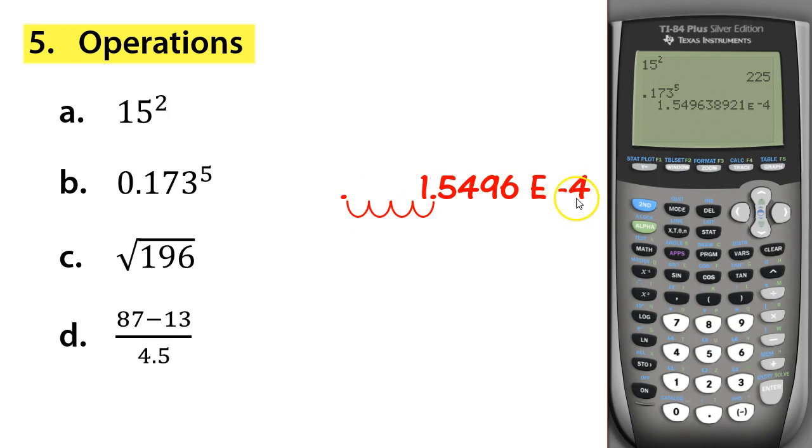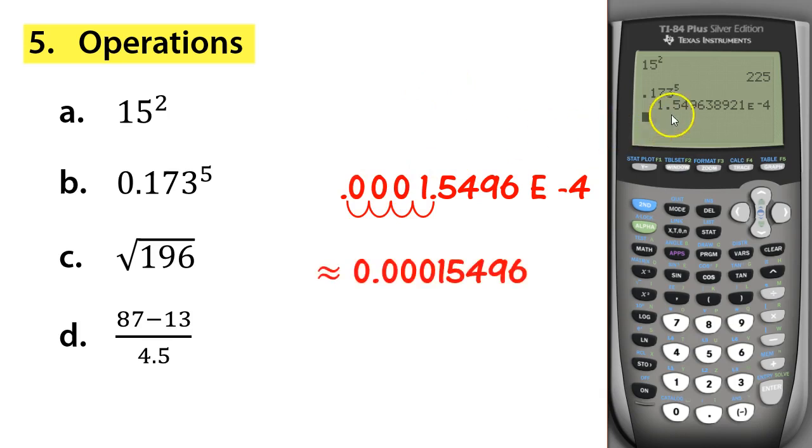So E to the -4 is times 10 to the -4, which means to get the decimal equivalent, we move the decimal 4 times to the left and fill it in with zeros. So this answer right here is approximately equivalent to this answer, because I'm rounding, in standard decimal notation.